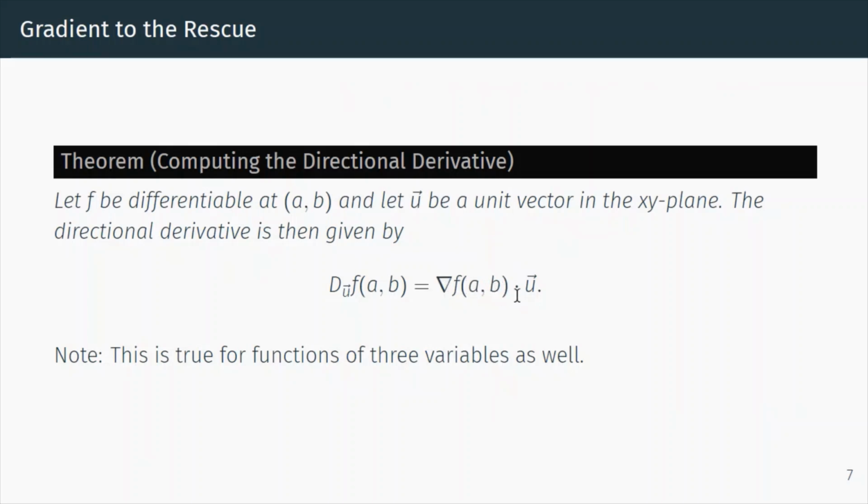We can dot product that with any unit vector in any direction. And when you do that, you get the directional derivative, so you get the slope of the function in that direction. This actually works for functions of 3 variables or more. If you have a unit vector in any direction and the gradient, you'll get the rate of change of that function in that direction, which is pretty slick.